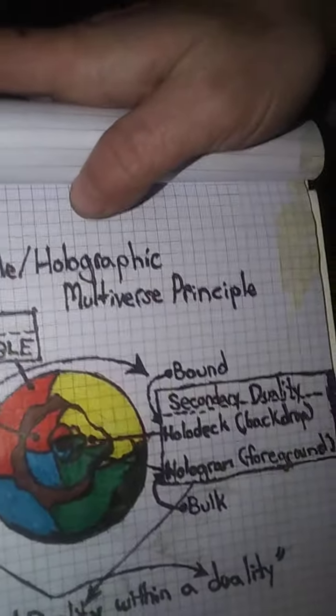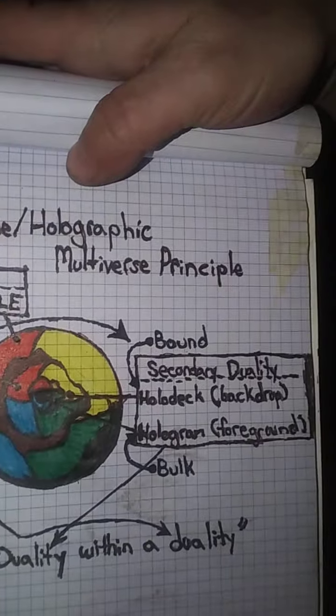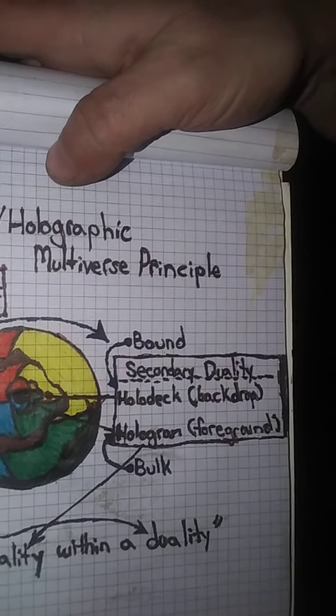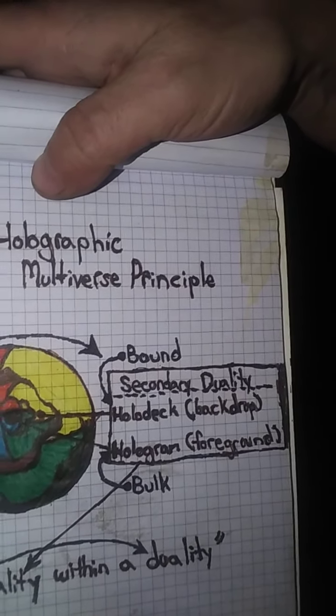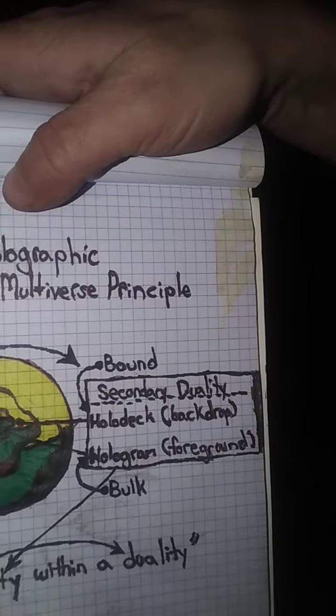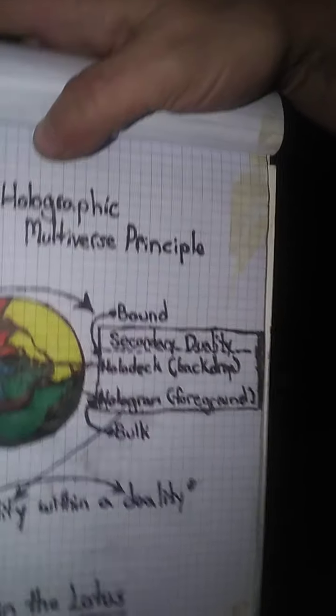So once again, it's a duality within a duality, according to my portals and according to what it informs me about my invisible holographic multiverse principle applied to televisual aspects as well, such as these pair of corresponding portals.